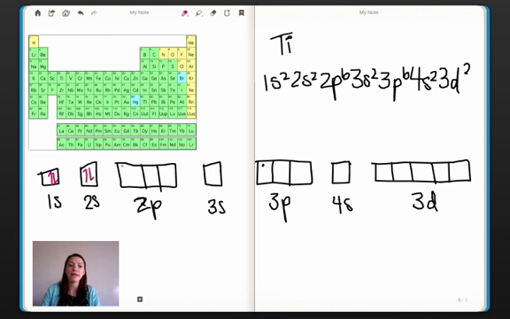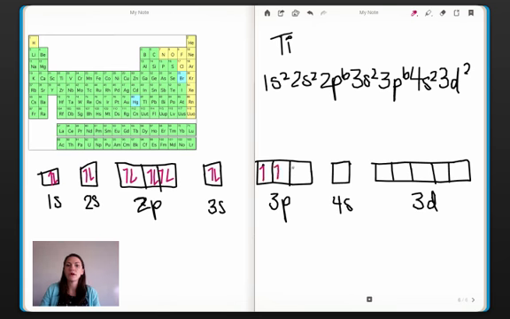And you'll notice all my electron orbitals are filled before I moved on to my next orbital. So I've got my 2p, I've got 1, 2, 3, 4, 5, 6. And it's good to get in a habit of filling 1 in each box before you double them up. 3s, one up, one down, 3p, another 6. We're going to fill them all the way up.